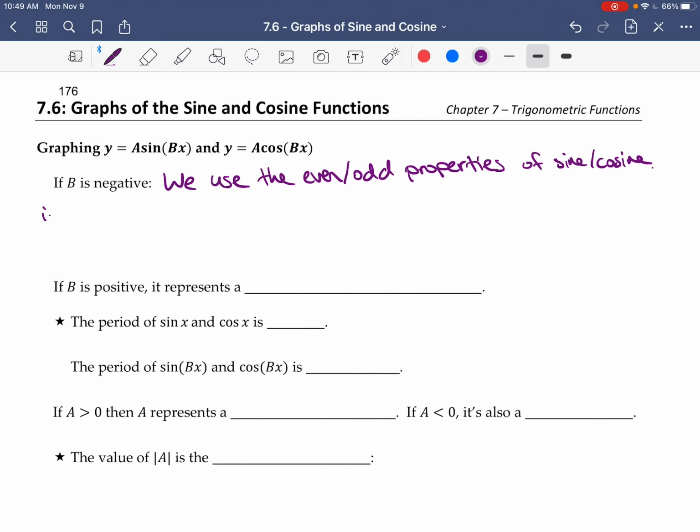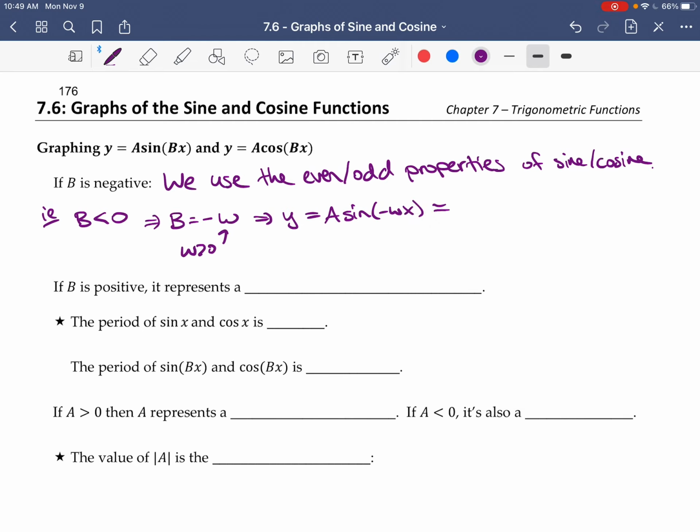So if b is less than 0, that means b is like negative omega, w, and here w is positive, which means y would be a sine of negative wx.